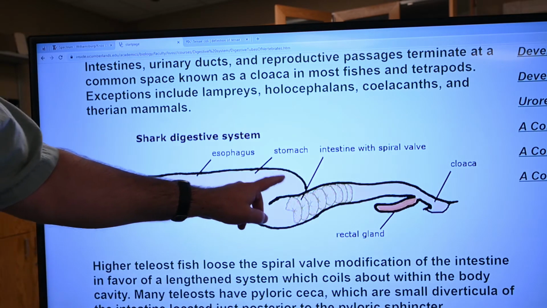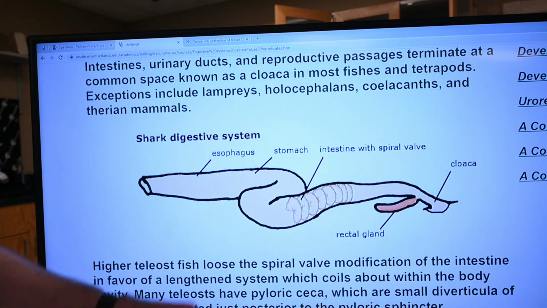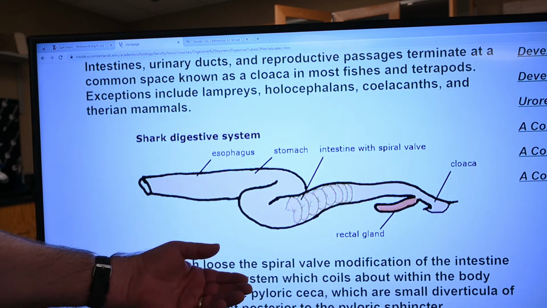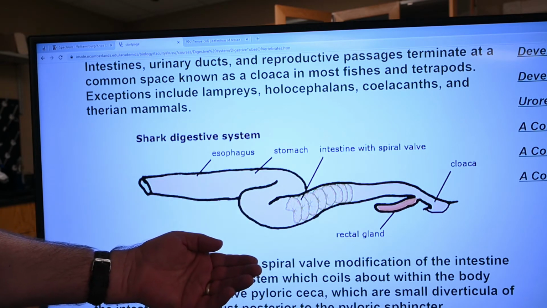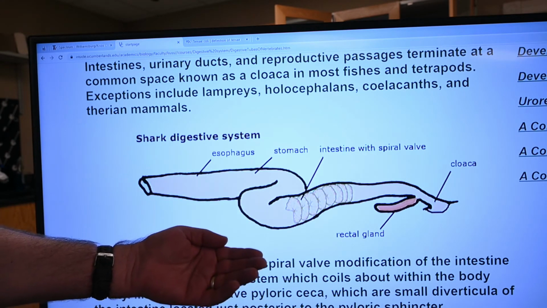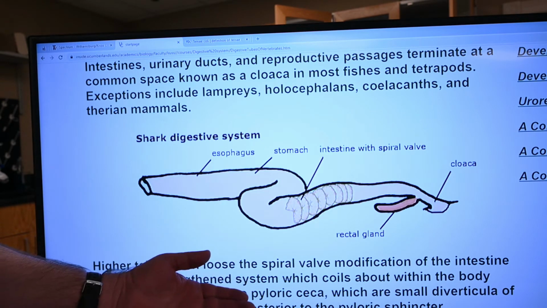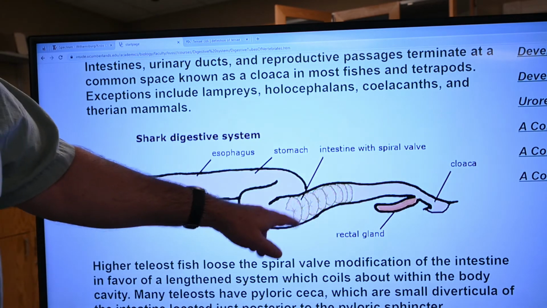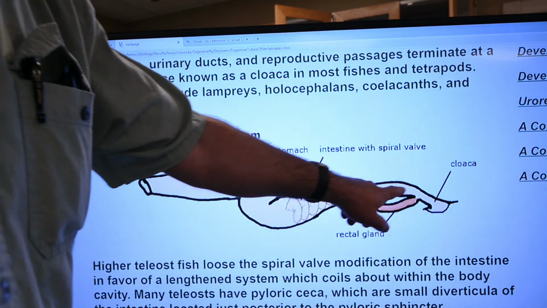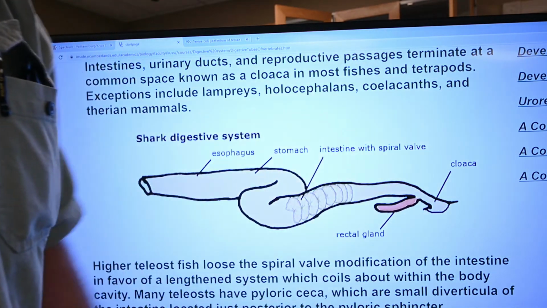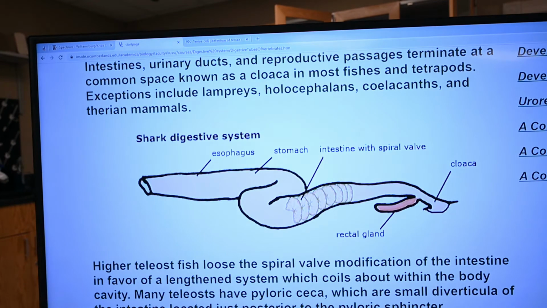So this modification, the spiral valve structure, continues through all of the chondrichthyan fish into the simpler forms of osteichthyan fish as well. Polypterus has this, the gar has this, for example. Back here on the cloaca, there's a special rectal gland that develops in the shark that helps to excrete some of the salt, to reduce the salt content in the body.